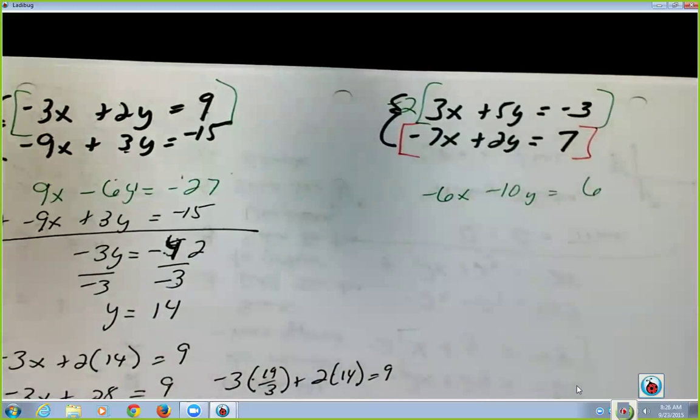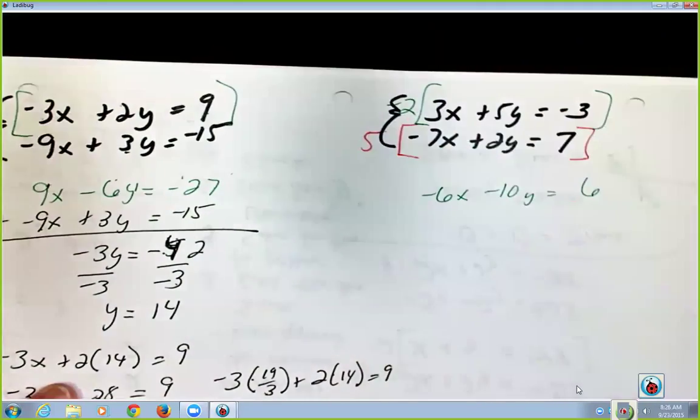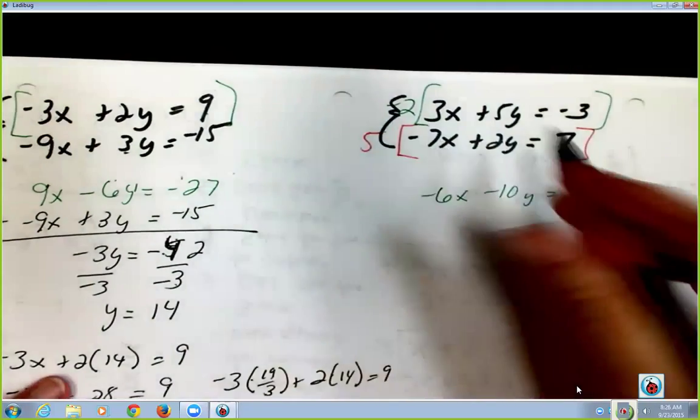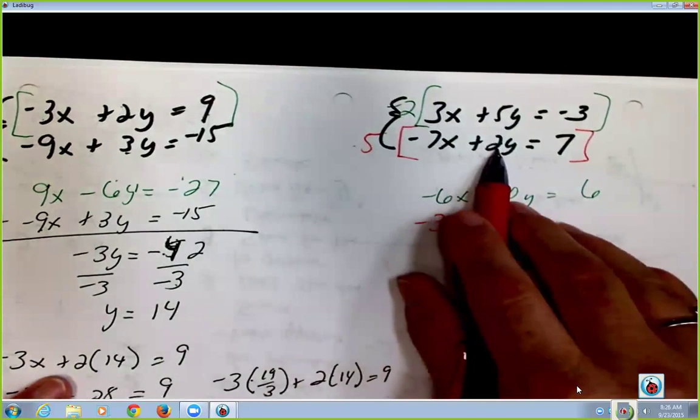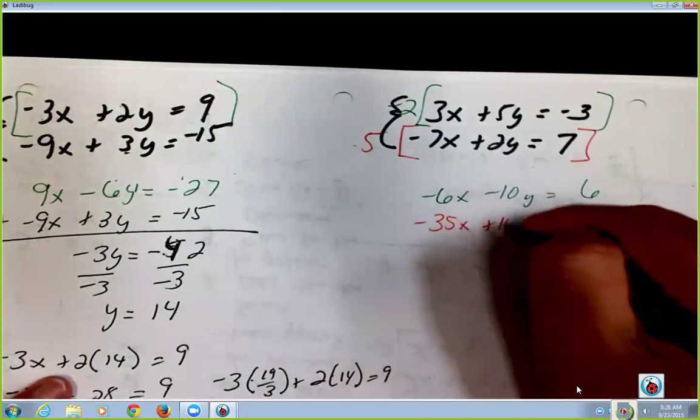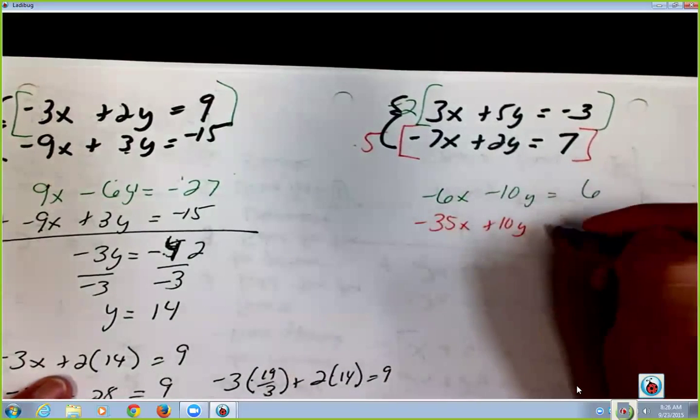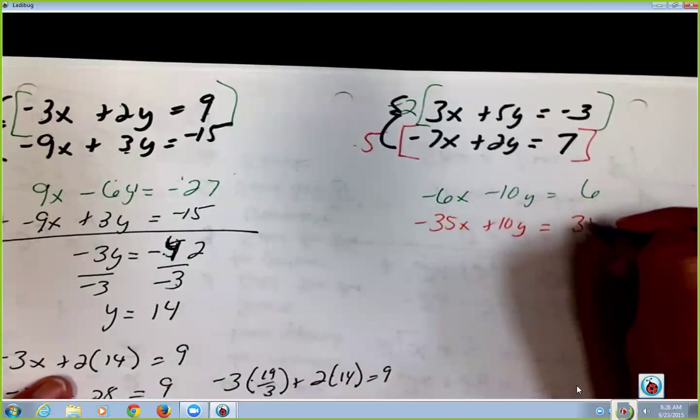And then the bottom one, because we want to make it have a 10, we're going to multiply the bottom by 5. So 5 times a -7 is a -35. 5 times 2 is 10y. 5 times 7 is 35.